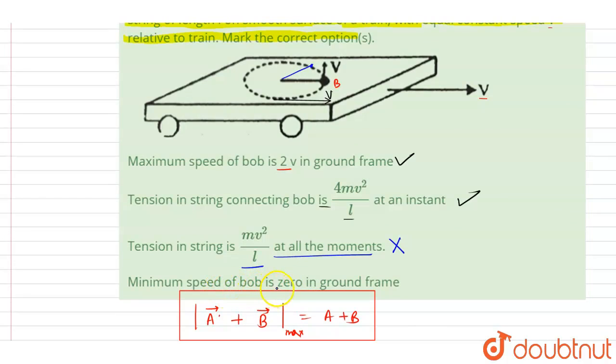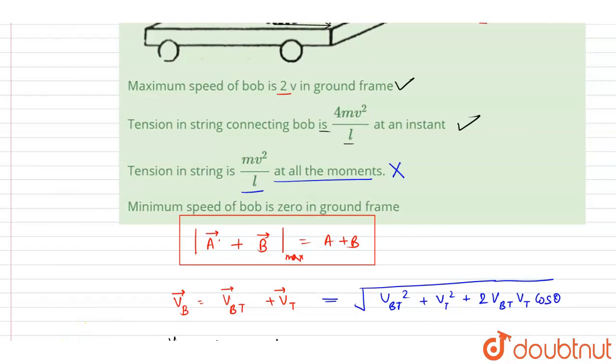Minimum speed of the bob is 0 in the ground frame. Again, let us write this more carefully. I wrote the maximum, so let me write the inequality here: it will be less than or equal to a plus b and more than or equal to a minus b.